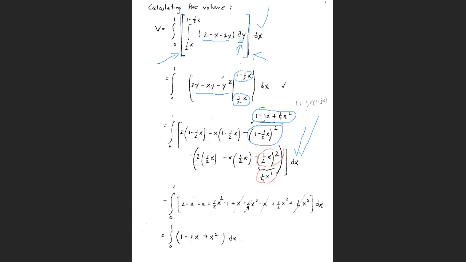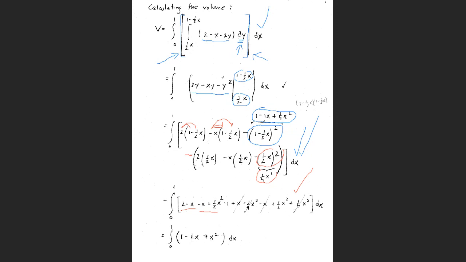And then what I do is 2 minus a half x, that's 2 minus x, and then minus x times 1, and minus x times negative a half, that's just negative x plus a half x squared, and so forth. I got my minus here. You just have to be careful, but this is what you're going to get.